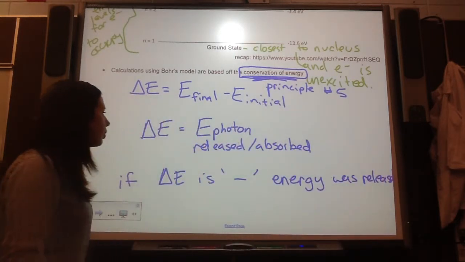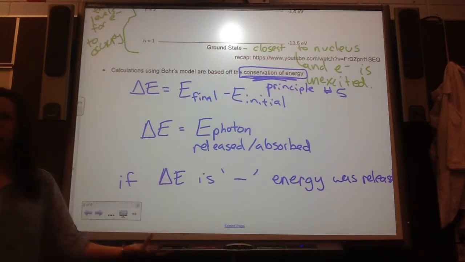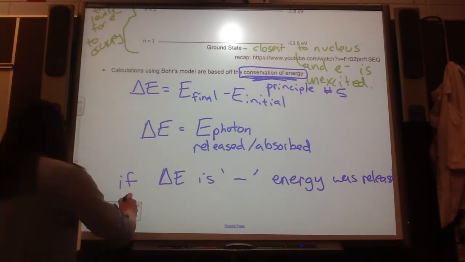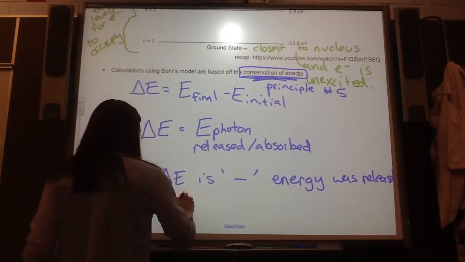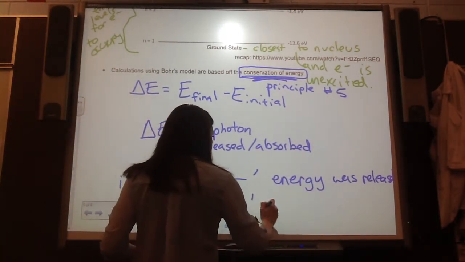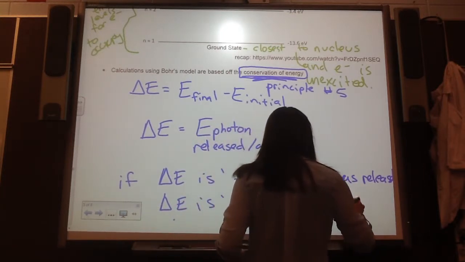Because if we think about the photon as being the vehicle for the energy, if it's negative, there's less energy that the photon had, so it's photon energy release. And vice versa, if it is positive, energy was absorbed.